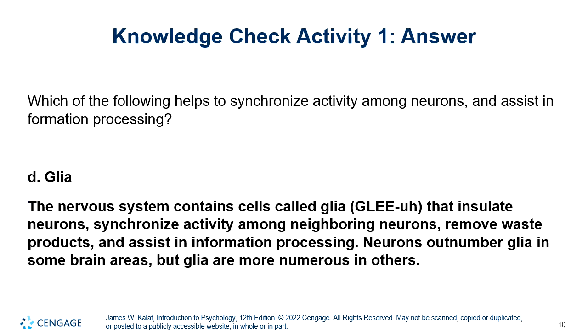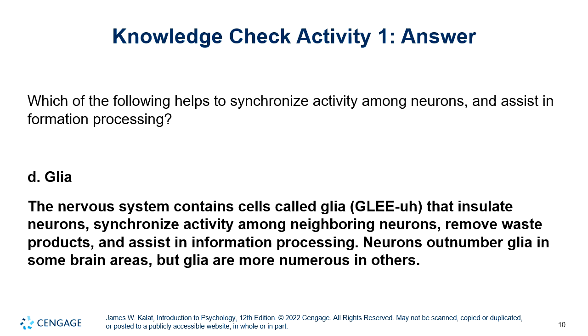All right. Now, I didn't talk about this term to you in the very beginning, but I did present it to you on a slide when we were talking about glia cells. The glia really help with the myelin sheath in that it insulates the neurons and synchronizes activity among neighboring neurons.